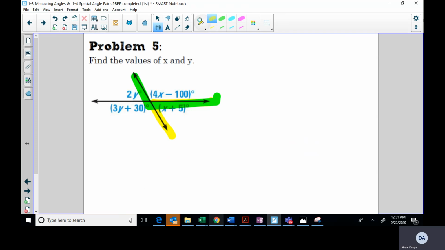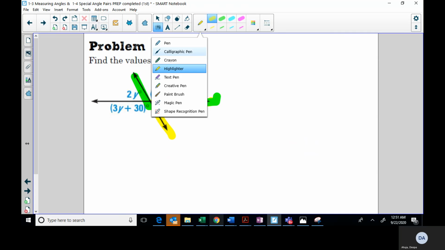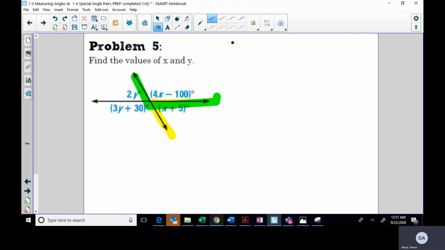I will go ahead and write that equation. 4x minus 100 plus x plus 5 is equal to what?